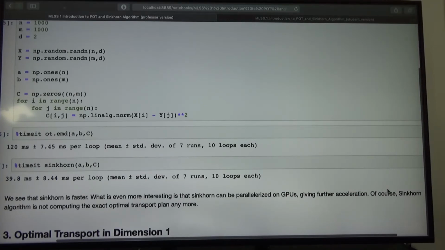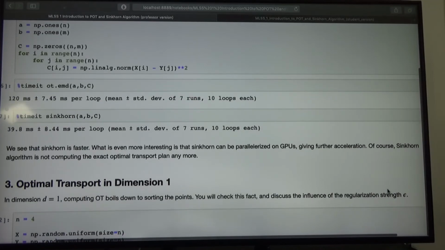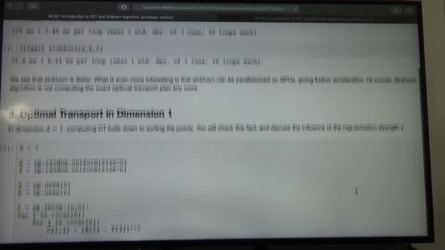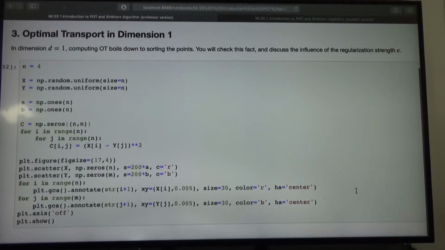Now the last thing I wanted to talk about in this first part is optimal transport in dimension 1. In dimension 1, we have this special property that the optimal transport coupling is actually given in closed form. So you don't have to solve explicitly this linear program. You don't even have to approximate stuff using Sinkhorn.